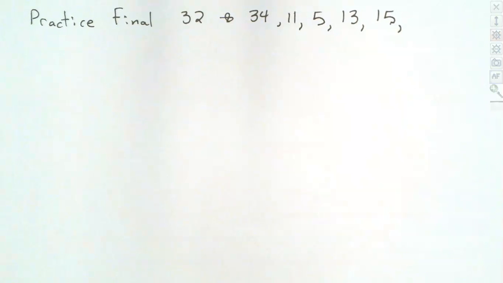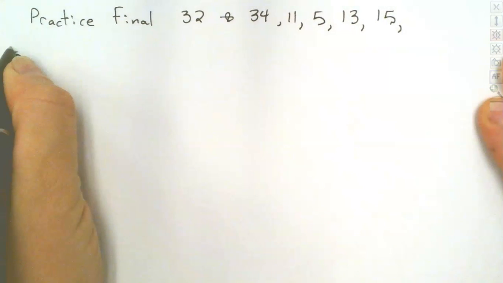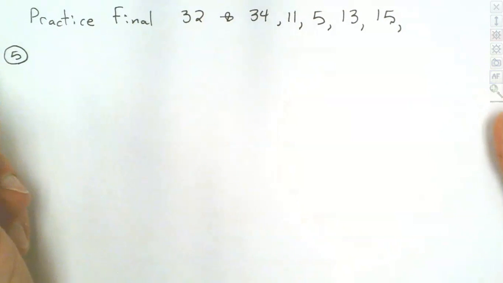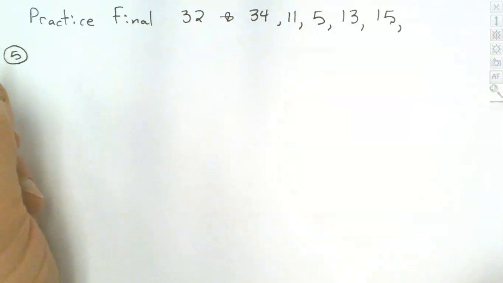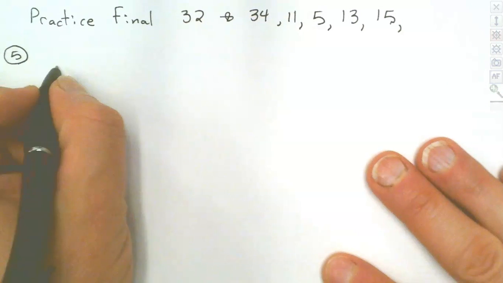Okay, so let's start with question 5. I picked question 5 because it's talking about a circle. And circles came out of 2.2, but we need to make sure we remember how to complete the square.